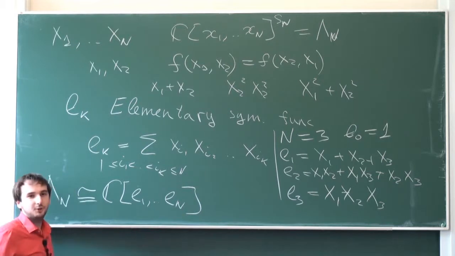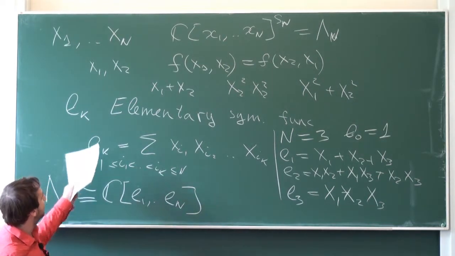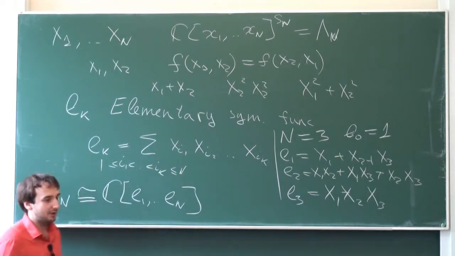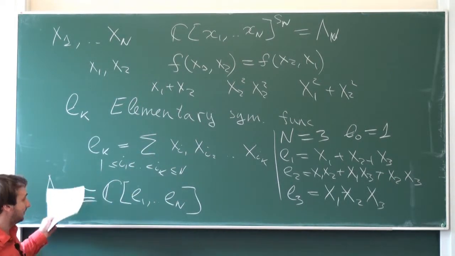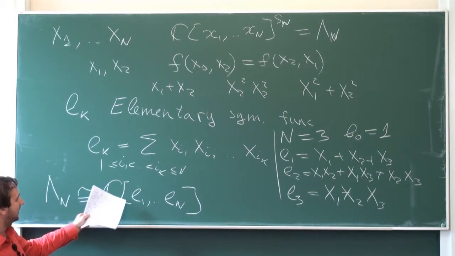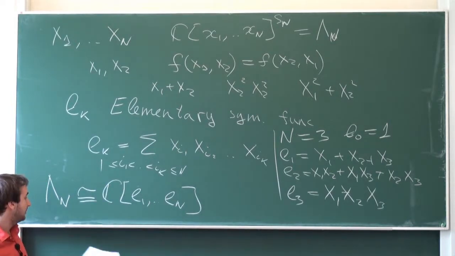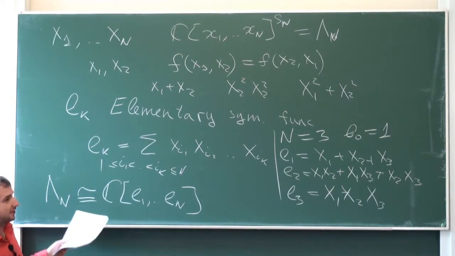In other words, if you have any symmetric polynomial in variables x1, ..., xn, then you can always find some ordinary polynomial, which evaluated in variables e1, ..., en, will give you this symmetric polynomial. So we will prove this theorem later.